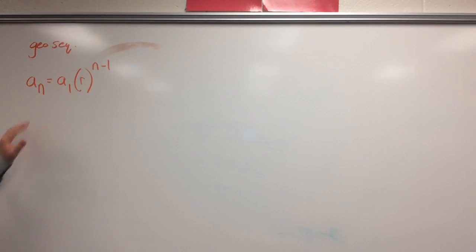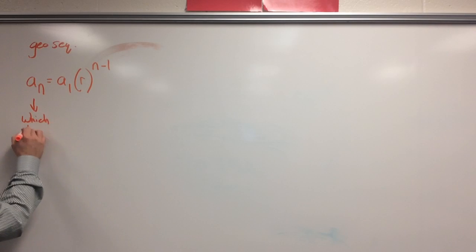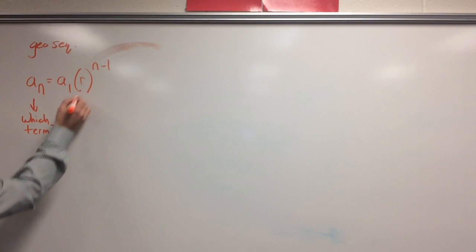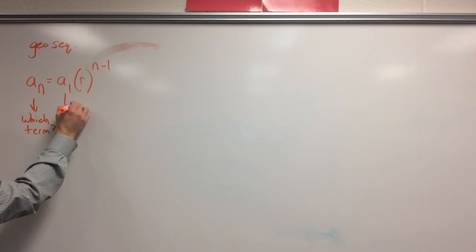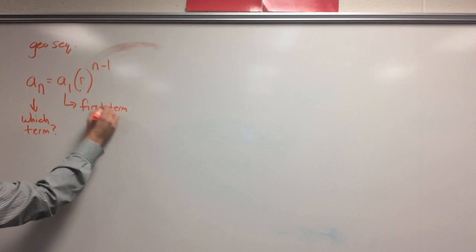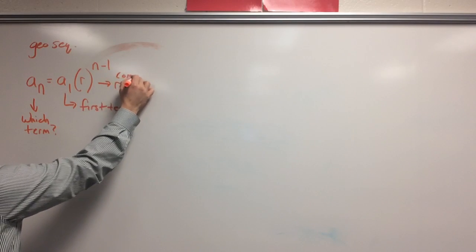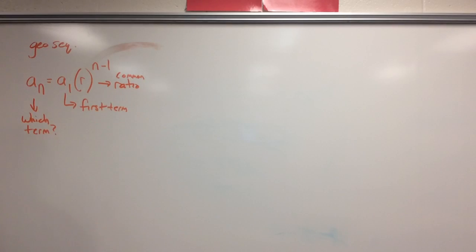So what does each part mean? A sub n is which term am I looking for? And that also is for this n. A sub 1 will always be the first term. And r stands for the common ratio. Please remember that. It is super important. It is the common ratio.